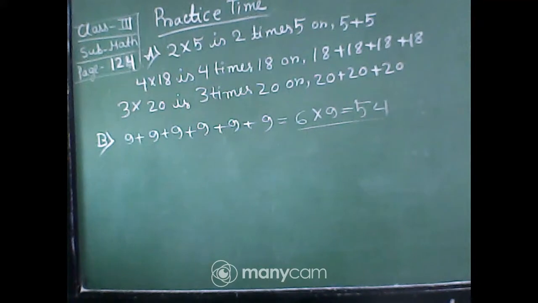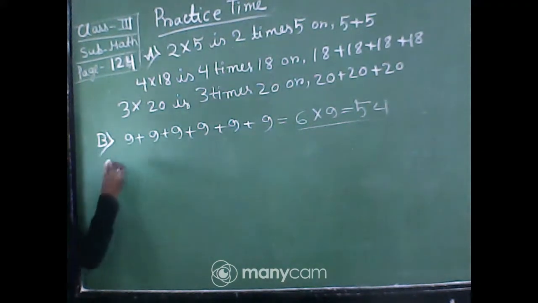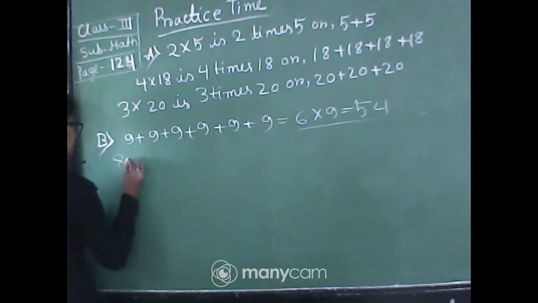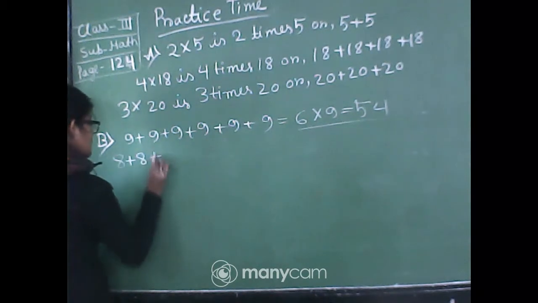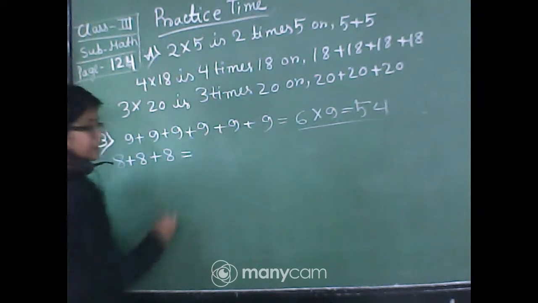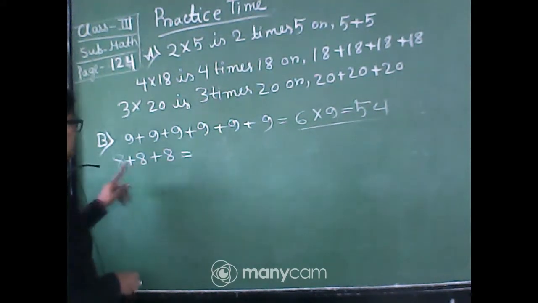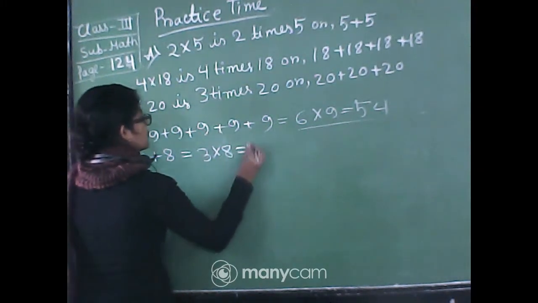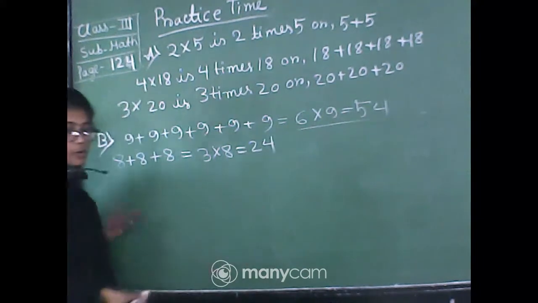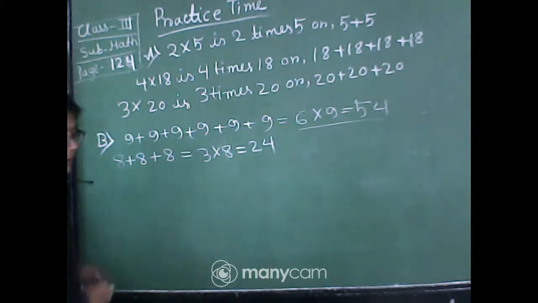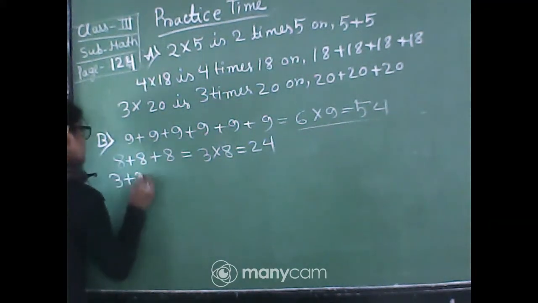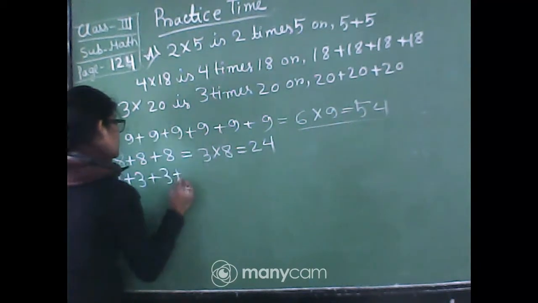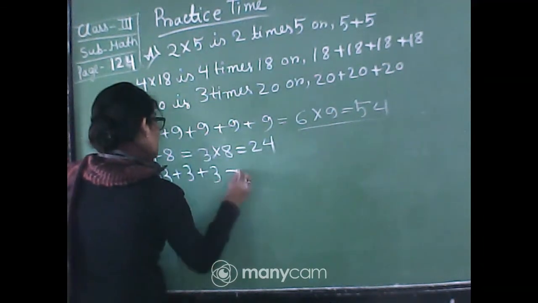Now look at the next practice math. 8 plus 8 plus 8. How many 8s are there? 1 2 3. So you will write down 3 into 8, and 3 into 8 is 24. Okay? Then after that, see the next one. How many 3s are there? 1 2 3 4 5.